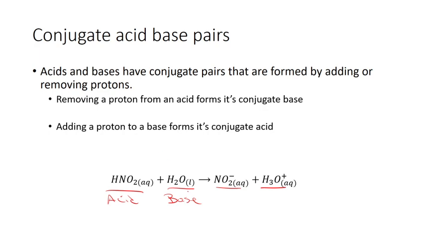So we have our base and acid on our reactant side, but then over here we have the conjugate base of our acid, and then for the base, we have the conjugate acid.